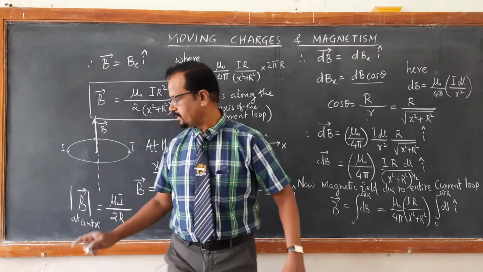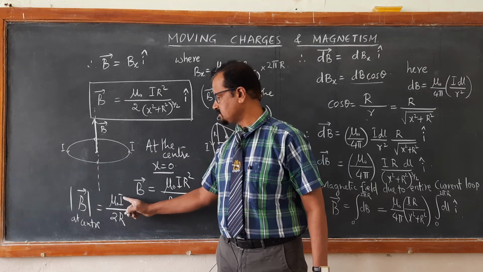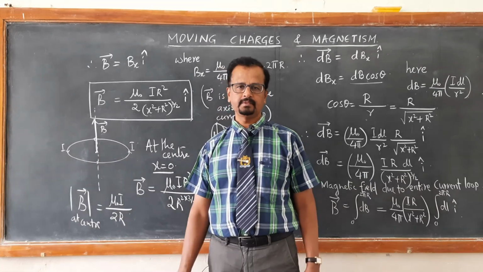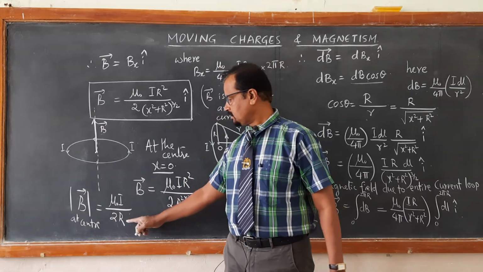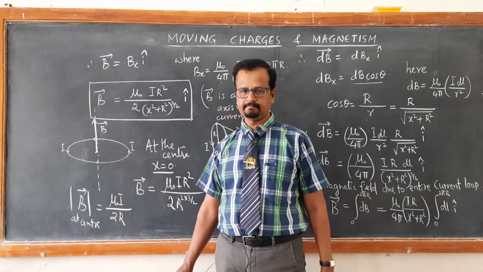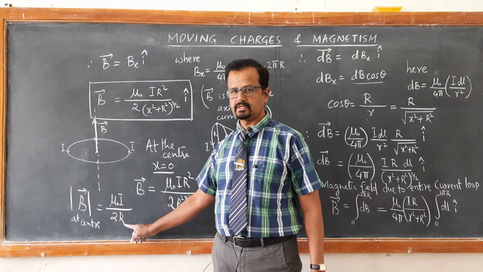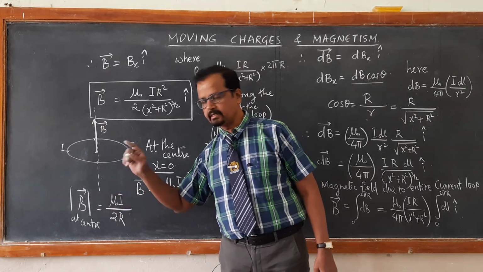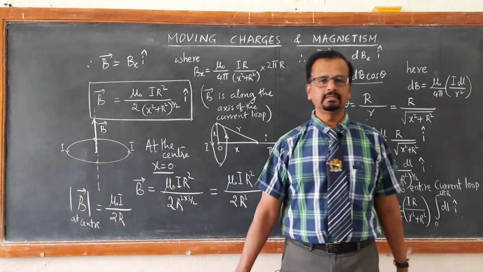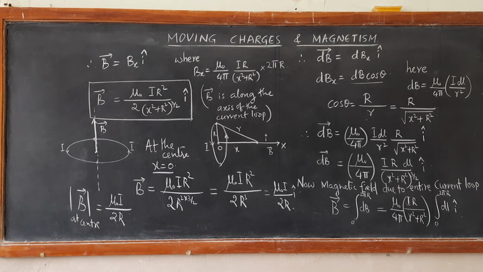where mu naught is the permeability of free space, I is the current and r is the radius of the circular loop. Larger the radius of the circular loop, lesser is the magnetic field. Smaller the radius of the circular loop, higher is the magnetic field strength, and B is directly proportional to the strength of the current.